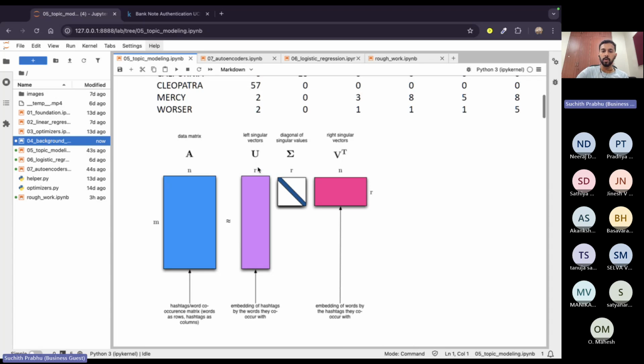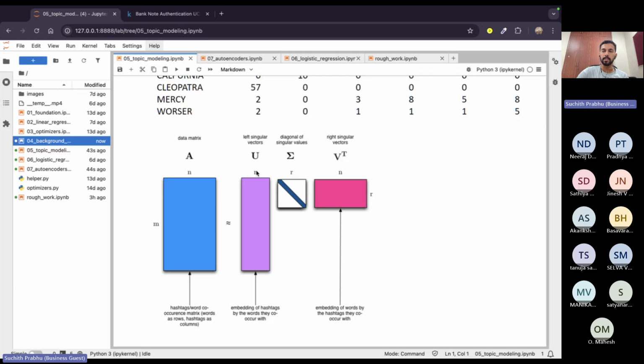But we don't know what these topics are. These are some higher dimension representation that we're getting. To get a sense of what these topics represent, we'll look at the words which are present for that particular topic. Suppose, say, the first topic: the first column would represent some topic.